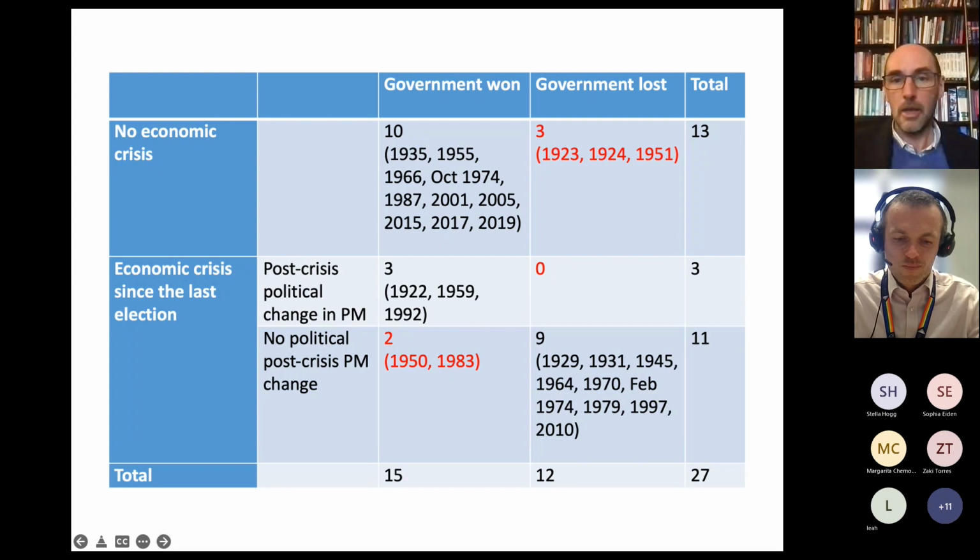Now, here in red are the other two, and they're the only two cases where a prime minister has won re-election after an economic crisis. 1950 was the re-election of Attlee after the 1945 landslide, and they fell an awful lot. They only just squeaked home, which is one of the reasons why they called the 1951 election carelessly.